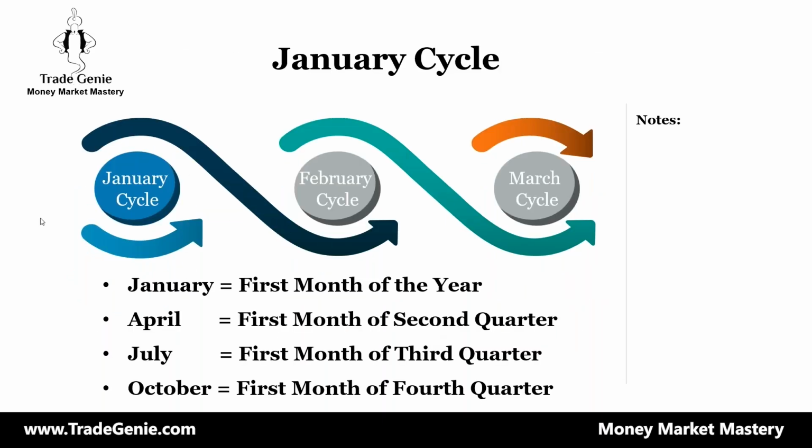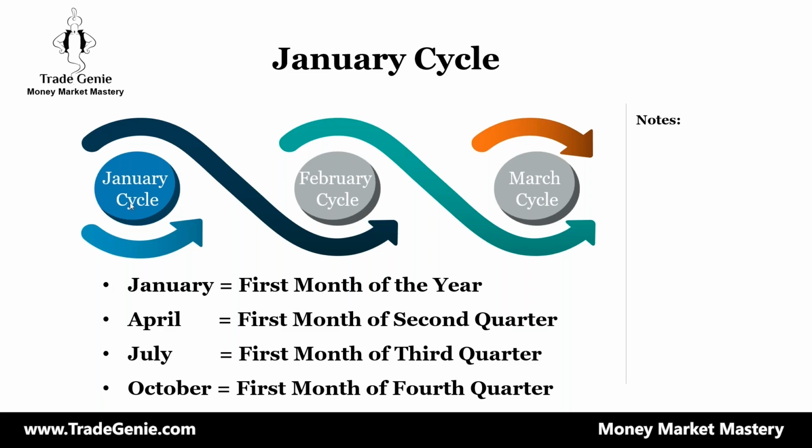If a stock is assigned to the January cycle, January means first, February means second, March means third. As the name says January, it looks obvious that the stock must have the month of January in the option chain.